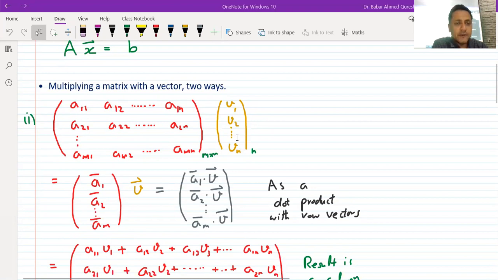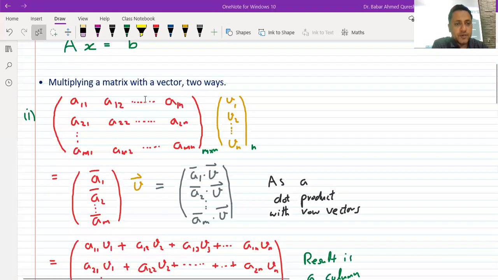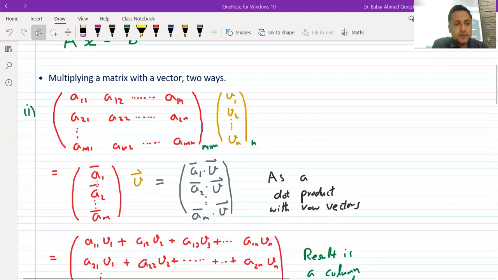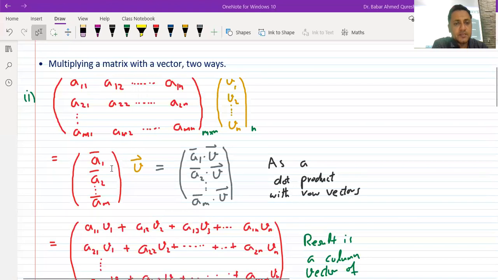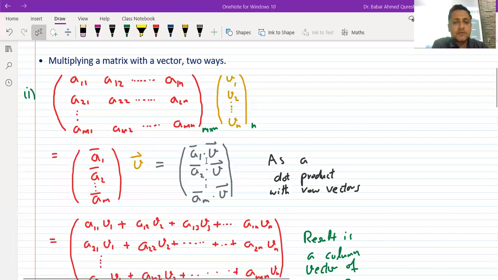Otherwise, you can't multiply. So the first way was to think of this matrix as made up of row vectors, and then you just take the dot product of your vector with each of the row vectors.